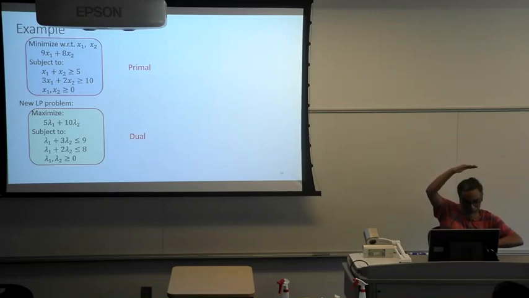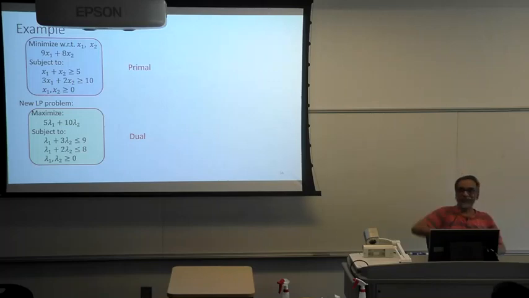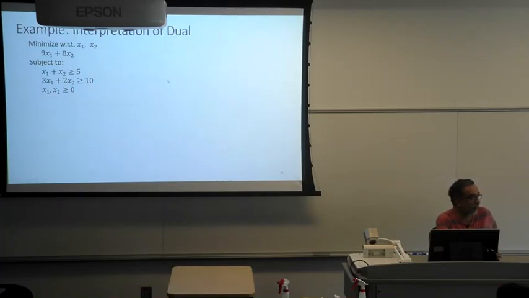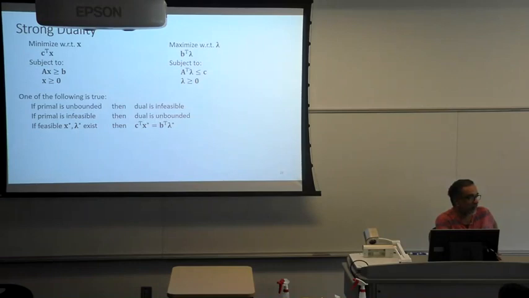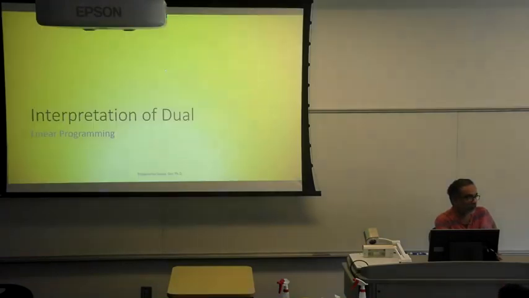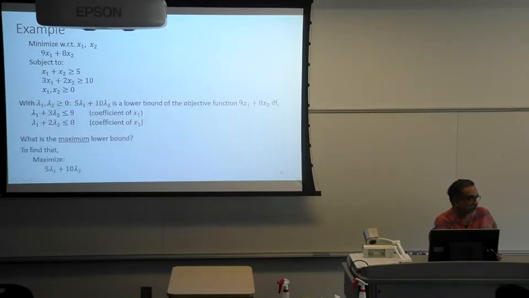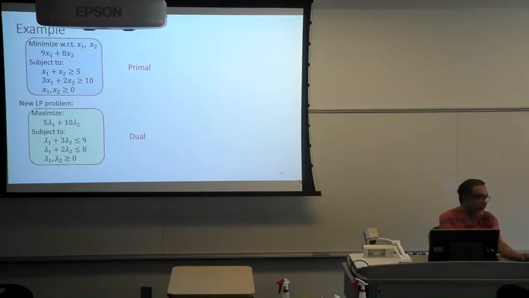Looking at the lower bound, the dual is always lower than the primal, right? You can see from this. We're trying to maximize the lower bound. And if you use the expression that we derived earlier, you'll get exactly the same thing. It's exactly this form. This is the dual.